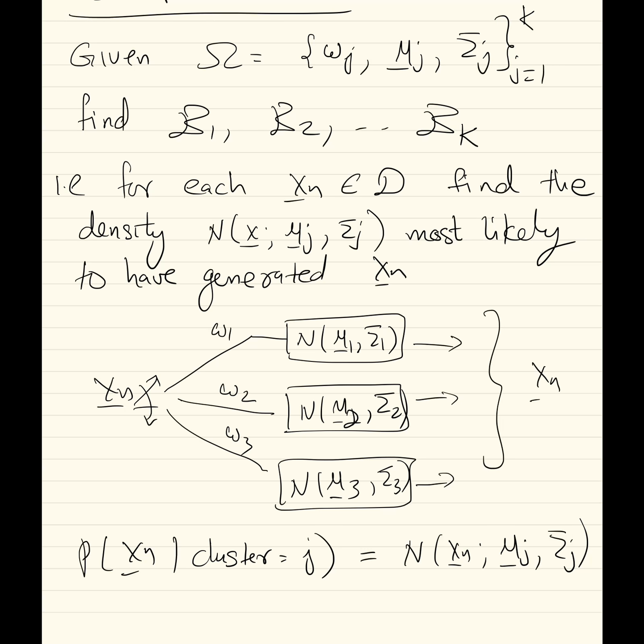This is given because the model parameters are given. I also know this: the probability of selecting the cluster j is Wj. Which path I take in this diagram for any given data point is also given to us. Now, what I want to answer is, given I observe one particular xn, which path is most likely? Did I take this path, or this path?